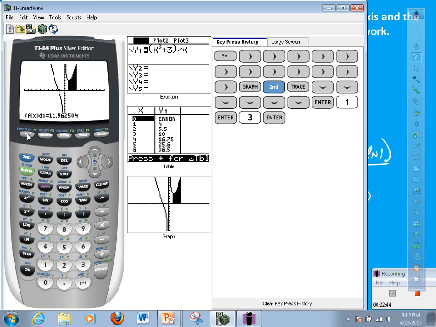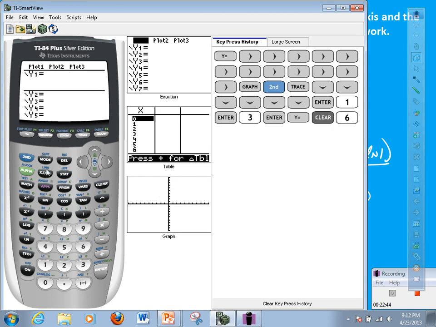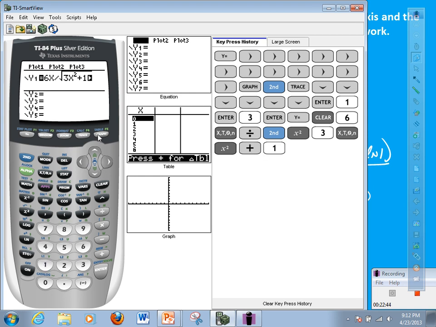If you look at your number 8, if you wanted to check it real fast, if I cleared that out of here, I need to take the function 6x divided by the square root of 3x squared plus 1. And then once I graph that, there's the graph that we did just a second ago.